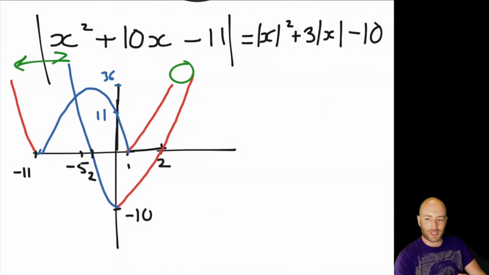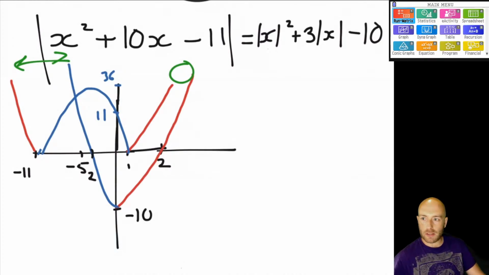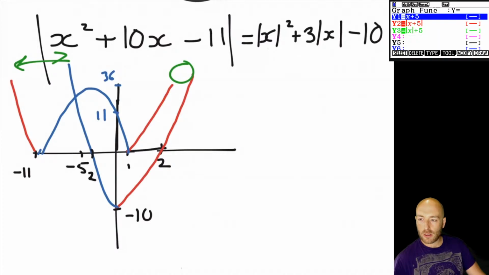I'm going to double check on my graphical calculator, which is here. So the calculator is quite useful for these. It will let you sketch them and see how many solutions you have straight away. So if I go to graph, it's going to delete all these.